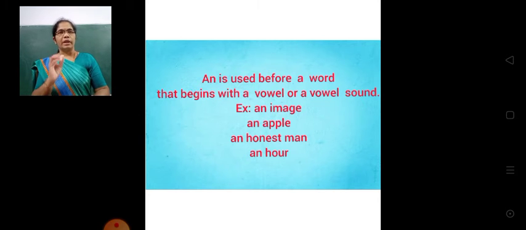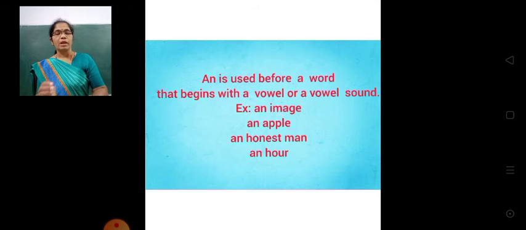And see the next example, an honest man. See the spelling, H-O-N-E-S-T, man, an honest man. And see why we have used an before H, because here the word starts with a consonant, but we have still used an.